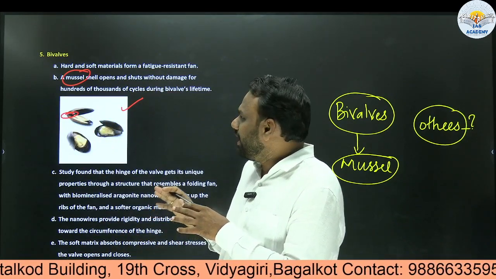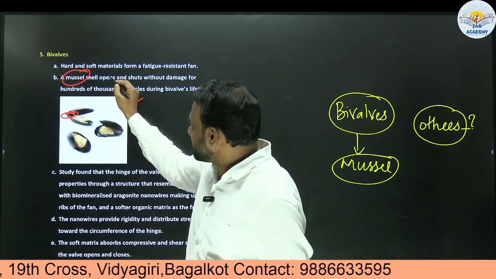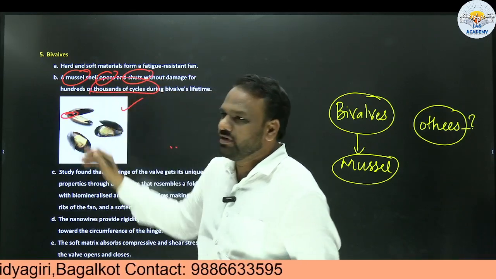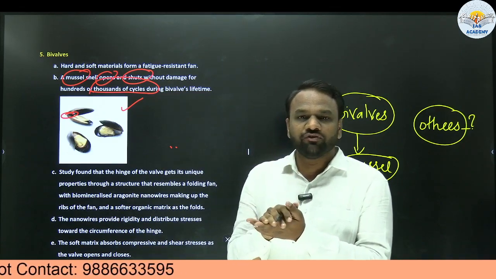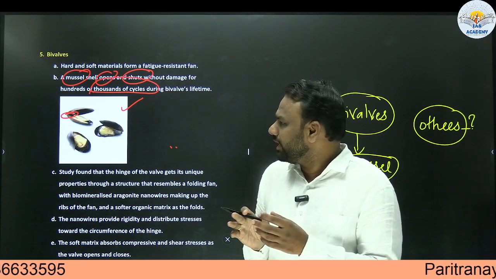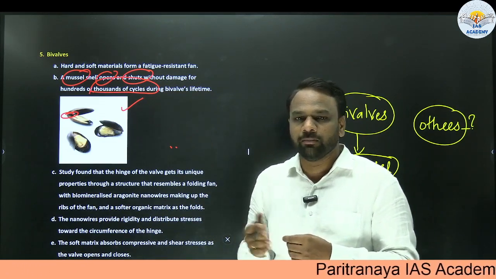In this article, what they highlighted is that these bivalves, the mussel shell, open and shut without damage for hundreds or thousands of cycles. Generally, when we take any physical device and open and close it multiple times, probably after trying 50 or 100 times, it will start causing some kind of problem. It may not function properly.